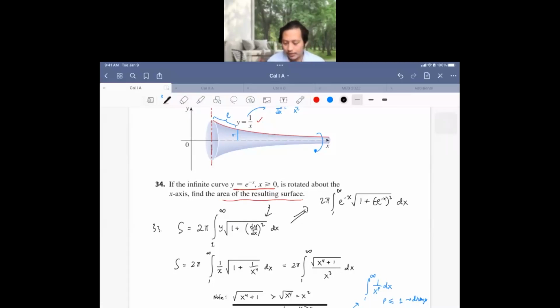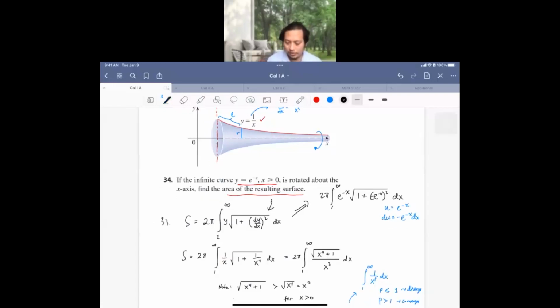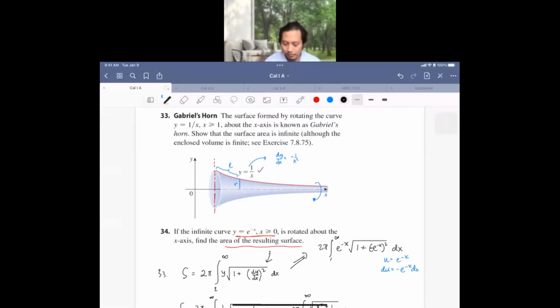And then we could use the substitution method. U is e to the negative x. So du will be negative e to the negative x dx. So we will have some sort of integration with u. Let me write here. Probably it's better here. The square root of 1 plus u squared du.